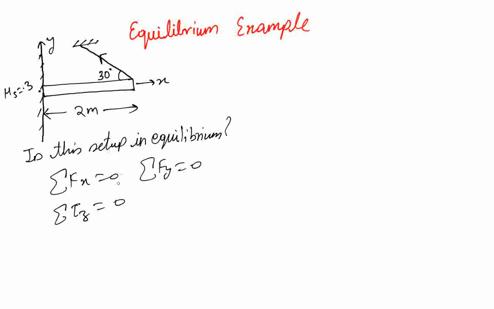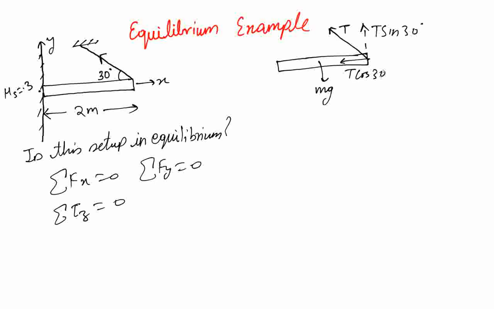Beginning with this, first of all we have to make a free body diagram. So let's make the free body diagram. We know there is a force of gravity acting downward, which is mg. There is a tension acting, which we know can be broken down into T sine 30 degrees and T cos 30 degrees.